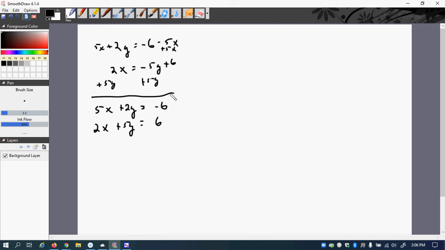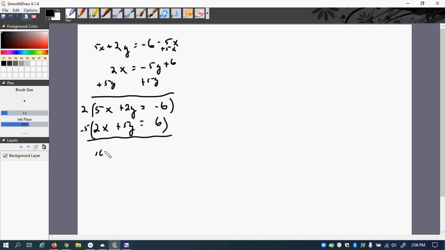So then probably what I like to do, since they're both positive, is maybe multiply and get the x's eliminated, because I have not done that yet. So I'm going to multiply the 5x times 2, and then I'm going to multiply the second equation by negative 5.